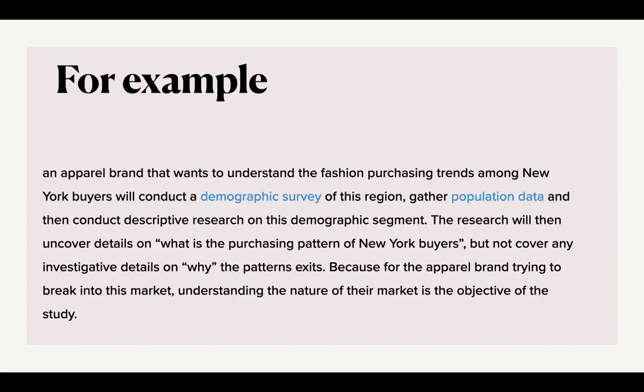This research will then uncover details on what the purchasing pattern of New York buyers is, but not cover any investigative details on why the patterns exist, because for the apparel brand trying to break into this market, understanding the nature of their market is the objective of the study.